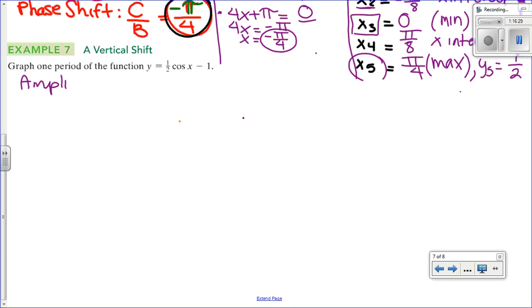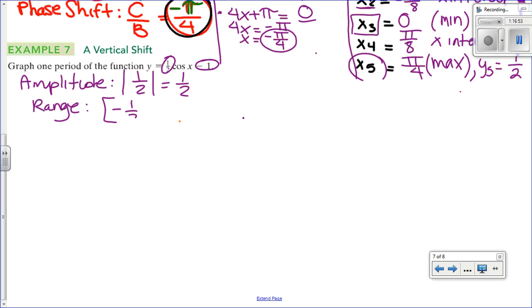So for the amplitude, of course, we will need this. Oh, and actually, I think, oh no, it's not the same half, sorry. So the absolute value of 1/2, which is equal to 1/2. That's it. So originally, if we didn't have this vertical shift in here, we would say that our range will be from -1/2, that will be the minimum, and the maximum will be +1/2.